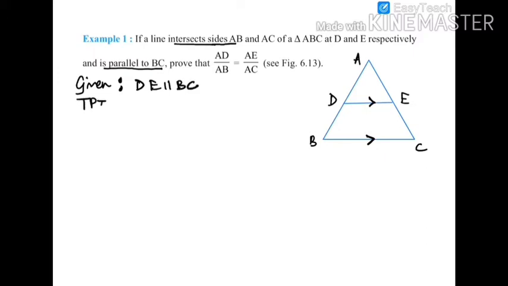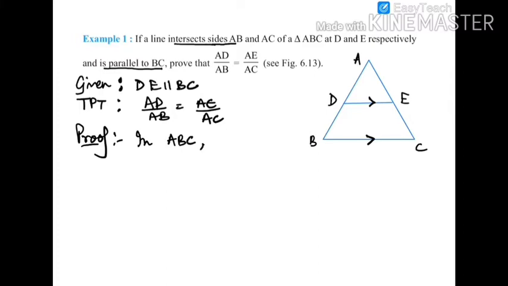What do we have to prove? AD upon AB is equal to AE upon AC. Since in triangle ABC we have DE parallel to BC, we can use the basic proportionality theorem and say that AD upon DB will be equal to AE upon EC.